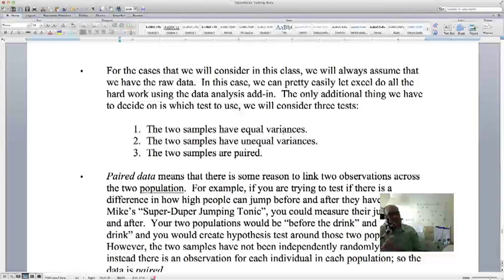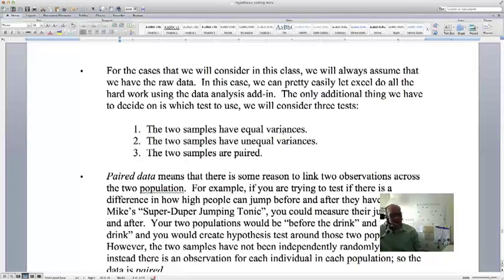The other one is they have unequal variances. It doesn't really matter whether they have equal or unequal variances. It just matters in the sense that we have to use a different test. There's a little bit different math depending on which one is which. So for these steps 1 and 2, we have to do a test beforehand to determine if the variances are equal, and we'll talk about that. So that's the only kind of tricky thing here. Or the third one is this idea of paired samples.